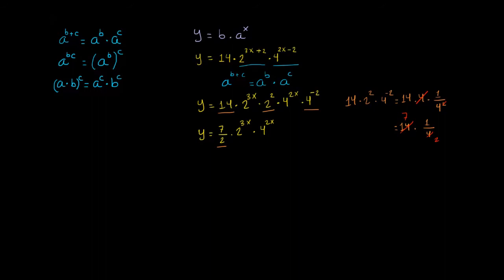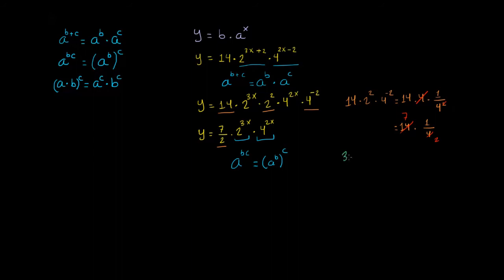Now I'm going to apply the second rule or law for exponents with these two terms over here. If I have a to the b times c, that is just the same as a to the b all raised to the c. I'm going to use a different color over here on the right.